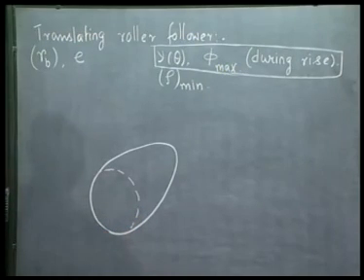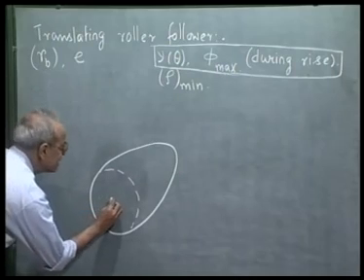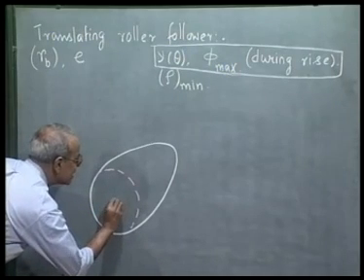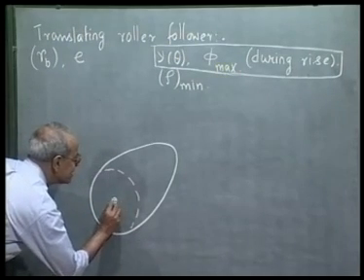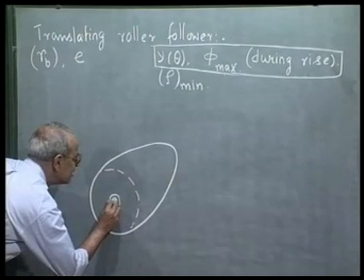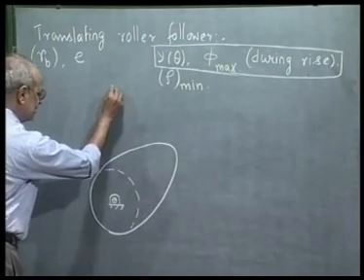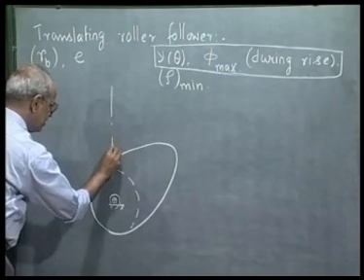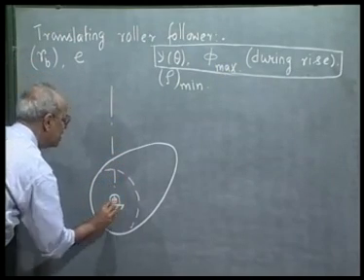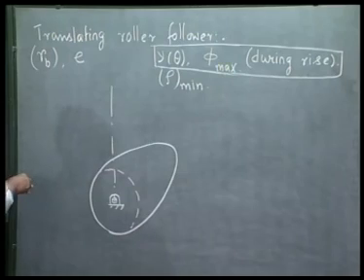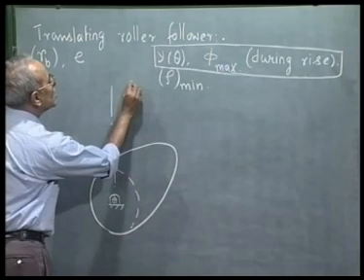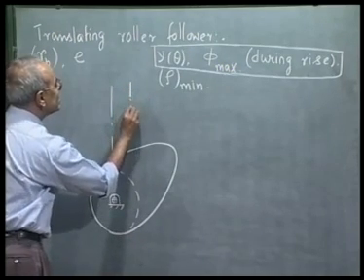Let us say this is the base circle radius, this is the camshaft axis, and as I said, the follower axis is offset.